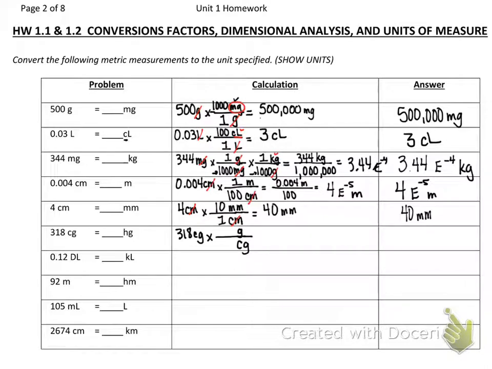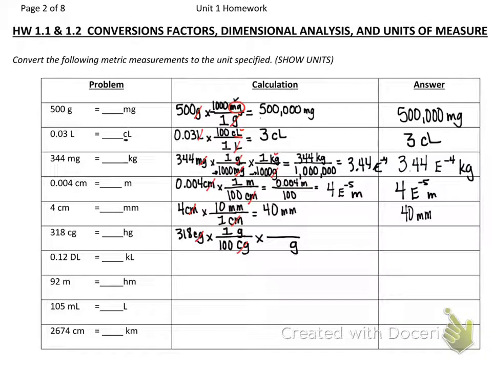How many centigrams are in 1 gram? Remember, centi means 100. All right, we can cancel out our centigrams, but we're not quite happy with grams. We want to get to hectograms. So then our next step, we want to get rid of grams.